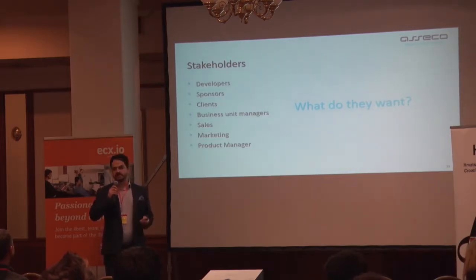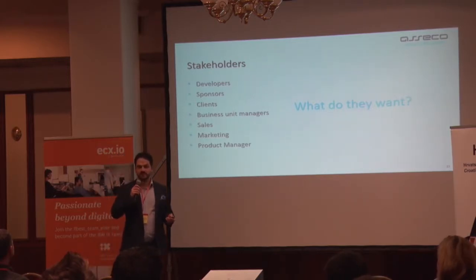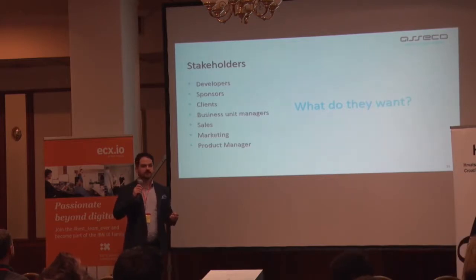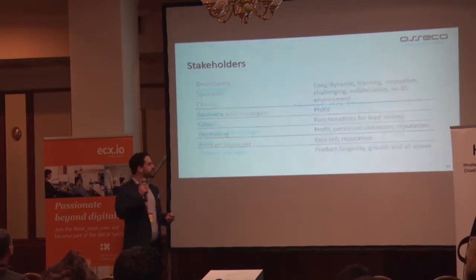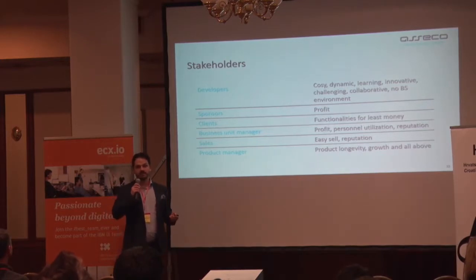We had our sales, our marketing. You have to think about them all. And mostly the sponsors and the business unit managers, because they're going to challenge your project and give you the budget or not. So this is what we identified about what they need. This is just a small scale of their needs.